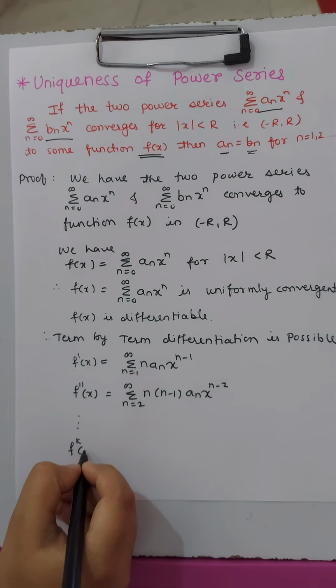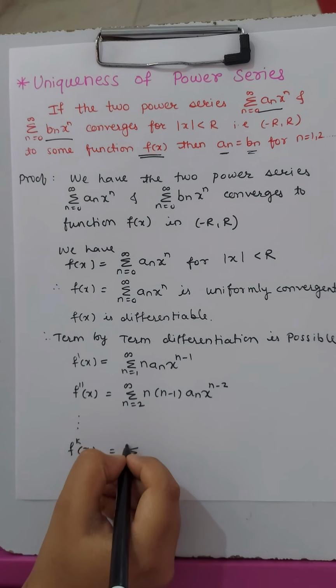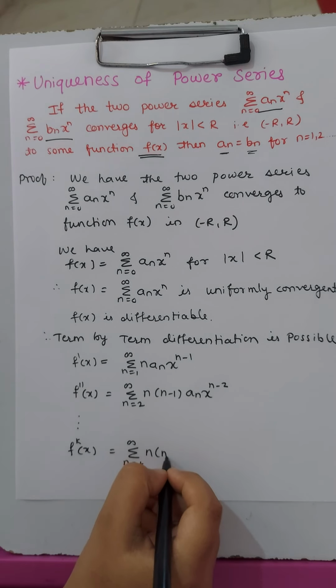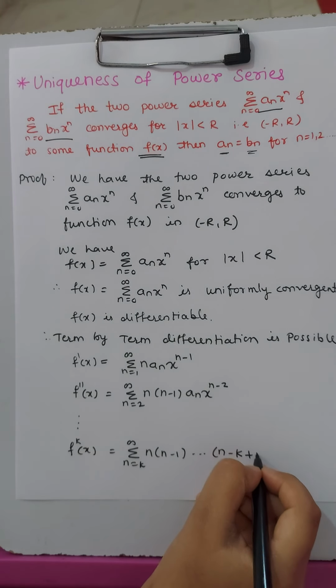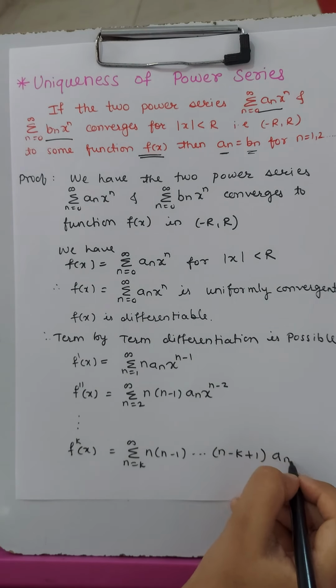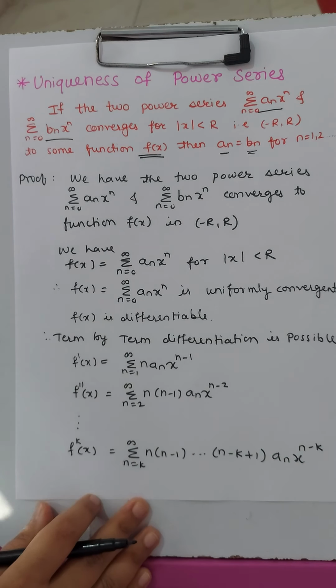The kth derivative will be equal to summation n from k to infinity n into n minus 1 up to n minus k plus 1 an x to the power n minus k.